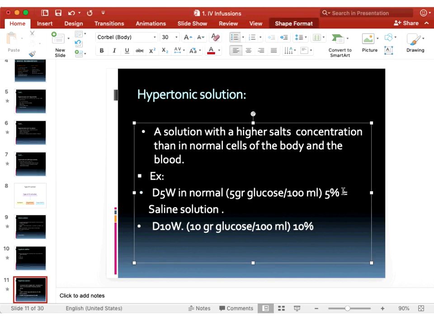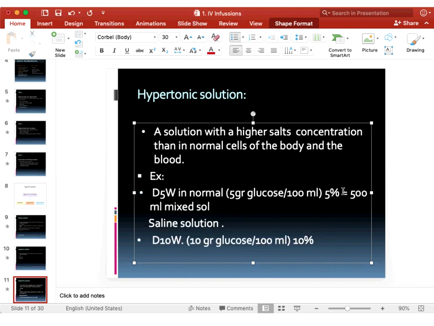That means if you have a 500 milliliters mixed solution at 5%, how many grams of glucose does it have? That's right, it has 25 grams of glucose, the entire solution.